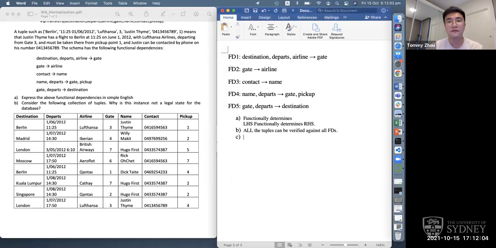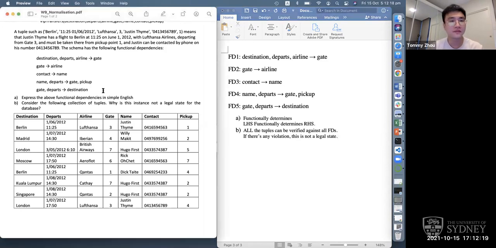So if there is any violation, this is not a legal state. Yeah. So following that, can you identify any errors or violations against those FDs so that I can verify this is not a legal state?